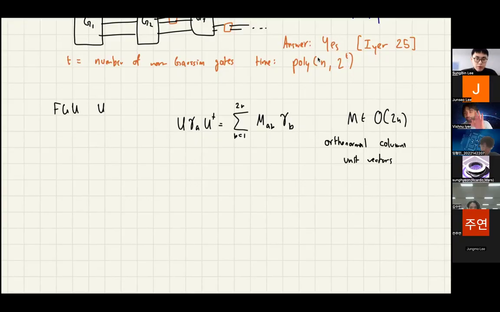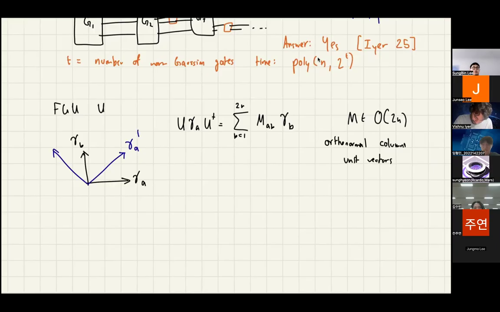So this is what a fermionic Gaussian unitary does. Say you have gamma A and gamma B. A fermionic Gaussian unitary just rotates the Majoranas.